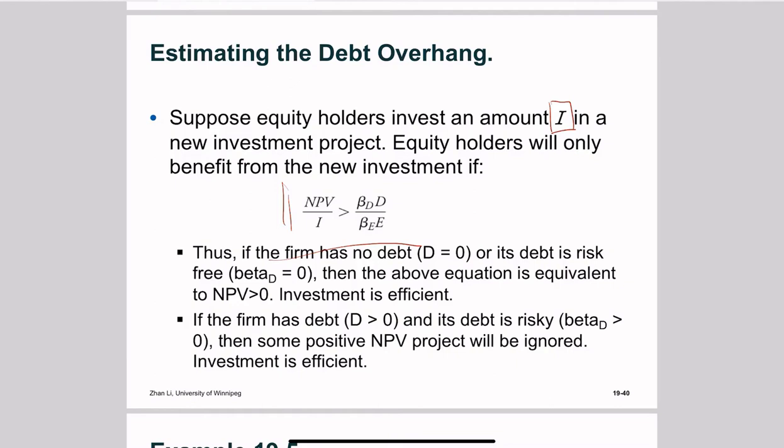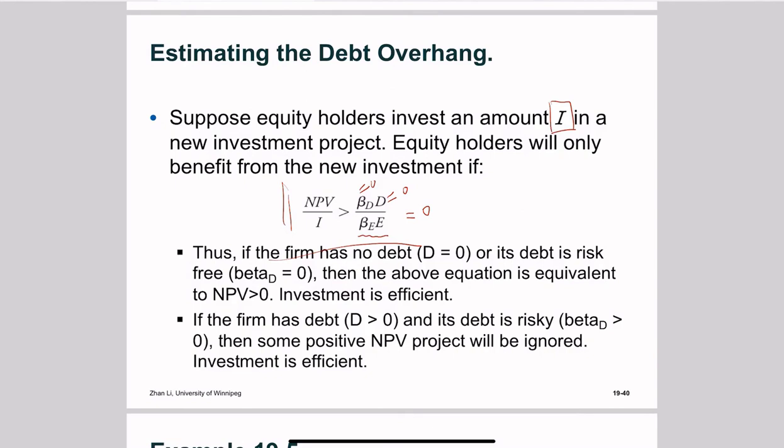Essentially, if D is 0 and beta D is 0, so if there's no debt or there is debt but the debt has no systematic risk, then the left-hand side is 0. This basically means that equity holders will invest as long as this project is a positive NPV project. So if the firm has no debt or the debt is risk-free, then investment is efficient. There is no debt overhang.